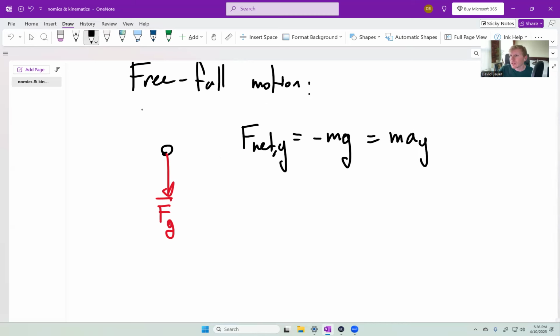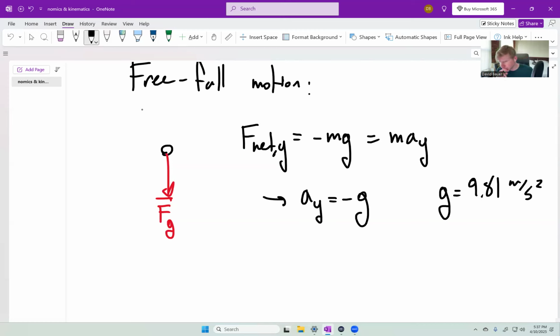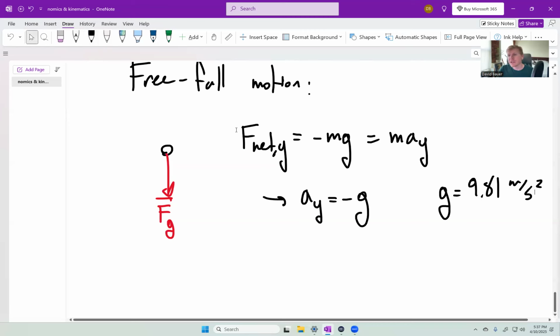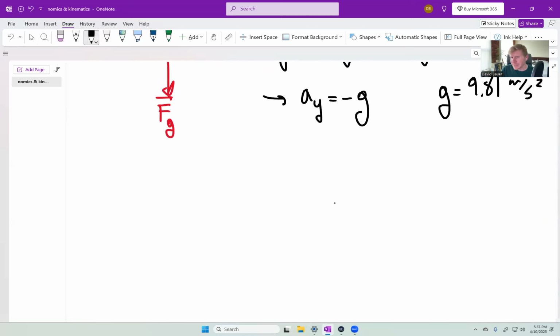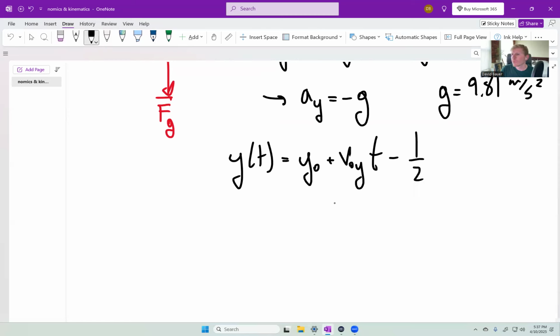That's equal to m times a sub y, and that tells us a sub y is equal to minus g, right? Remember, g is 9.8 meters per second squared. So this is constant acceleration motion. I have acceleration minus g in the negative y direction. And in this case, I can write down my position and velocity equations in the y direction depending on my gravitational acceleration g.